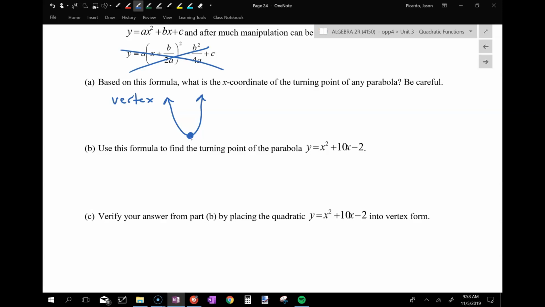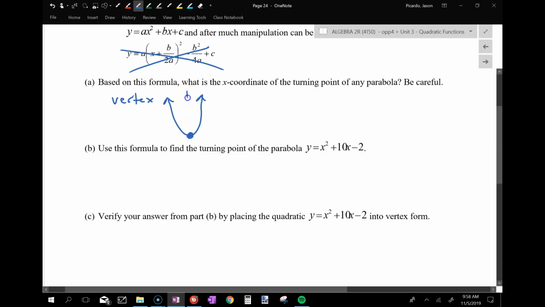It's the turning point. And the turning point always lies on what? The axis of symmetry. So don't you already know the x value of that because you can find an axis of symmetry? The axis of symmetry was found using the formula negative b over 2a.